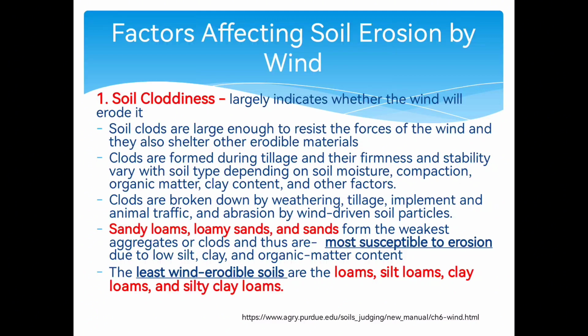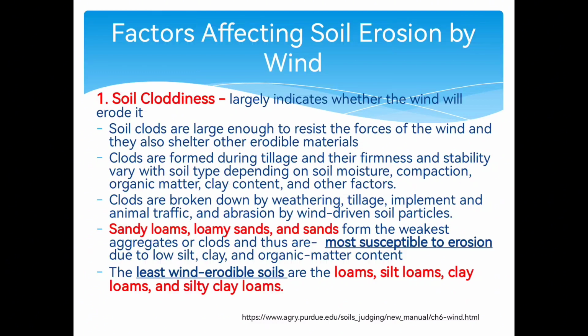Pag merong mga cloud na na-form, malalaki siya, so naka-cover up niya ngayon yung ibang mga maliliit na mga particles. Clouds are formed during tillage, and their firmness and stability vary with soil type depending on soil moisture, compaction, organic matter, clay content, and other factors.